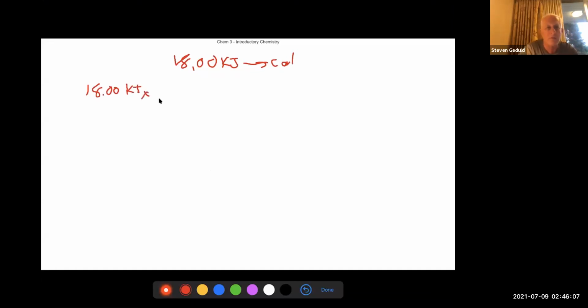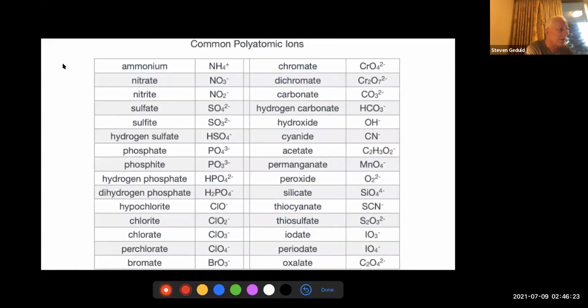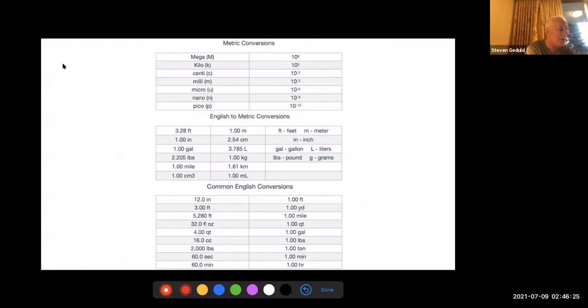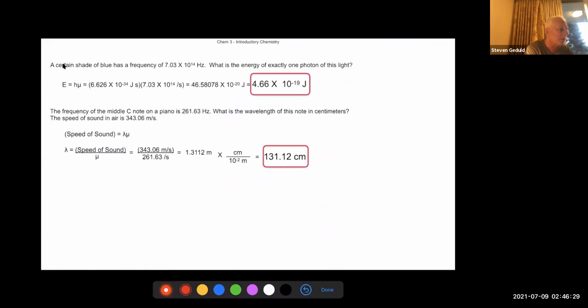And let me see what my conversion charts say. Let's see if I have calories and kilojoules. No, I'll have to look that one up. No calorie ones. All right, what's the conversion number?